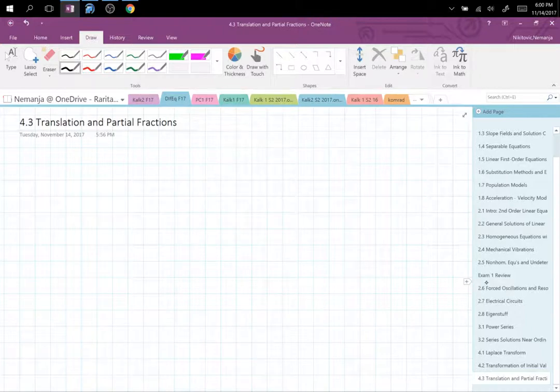The partial fraction decomposition learned in Calculus 2 and before that in Pre-Calculus 1 states that you have to break the function apart into multiple fractions by observing the factorization of the denominator.